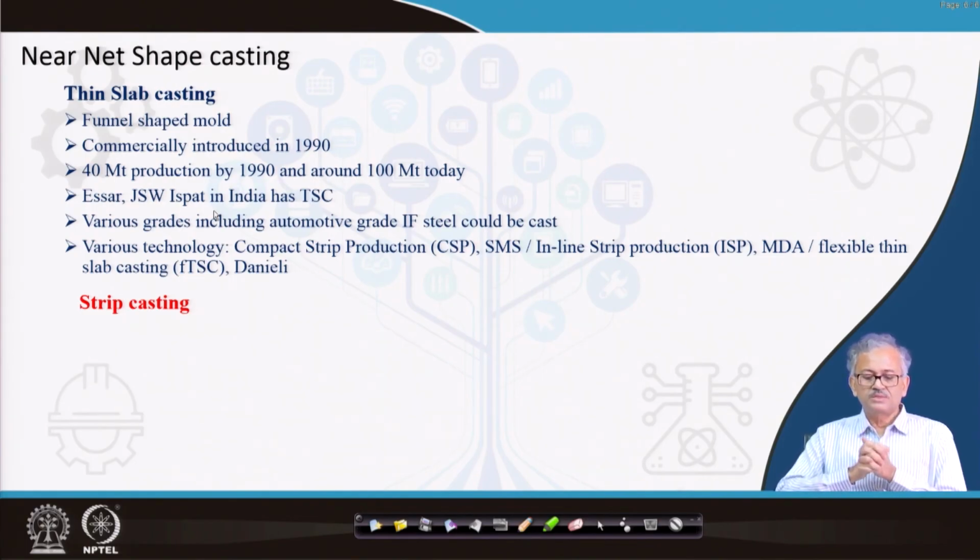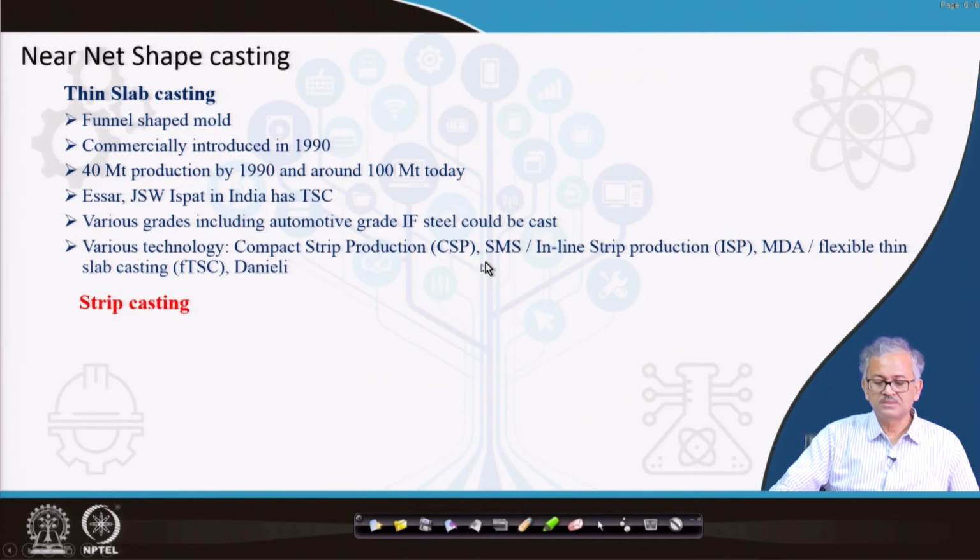Compact strip production by SMS Germany was the original thin slab casting; they are the first producer. Then there is the inline strip production, ISP, of MDA, that is also German, the management of DMAG companies.